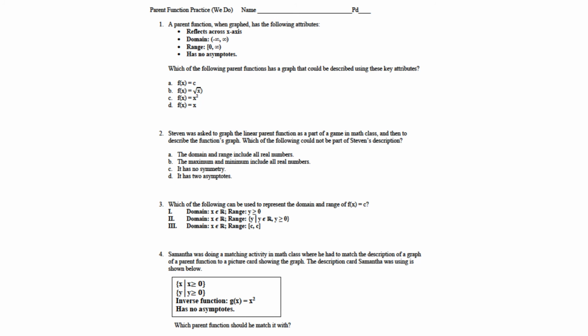So here we have a parent function that, when graphed, has the following attributes. We've got to decide which one it is describing. It reflects across the x-axis. The domain is from negative infinity to infinity. The range is from 0 to infinity and has no asymptote. Out of our choices, which one would that apply to?